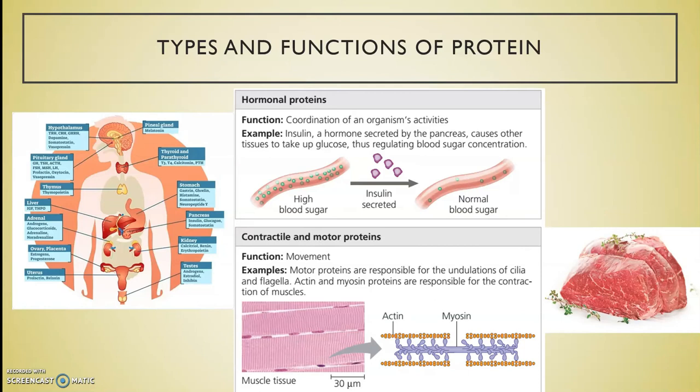Your pancreas would release this insulin. So, your insulin is a protein. It causes other tissues to take up glucose, thus regulating the blood sugar concentration. Mababawasan na ngayon yung concentration ng sugar sa dugo mo.